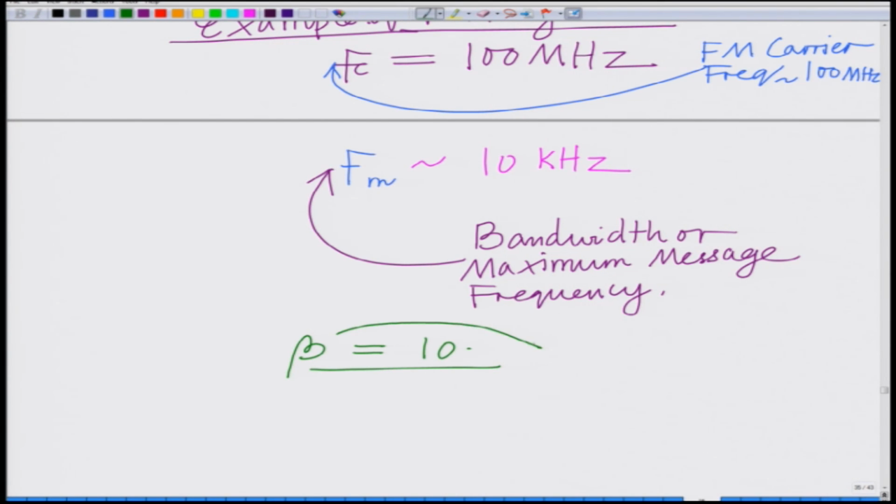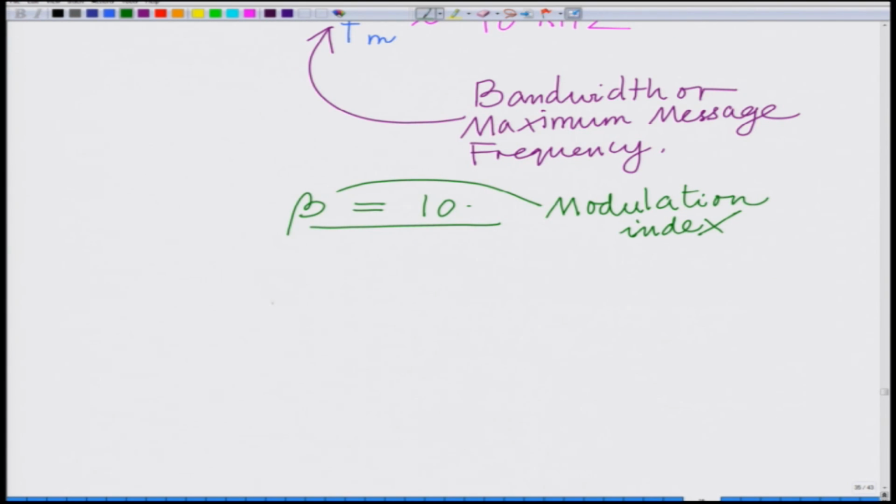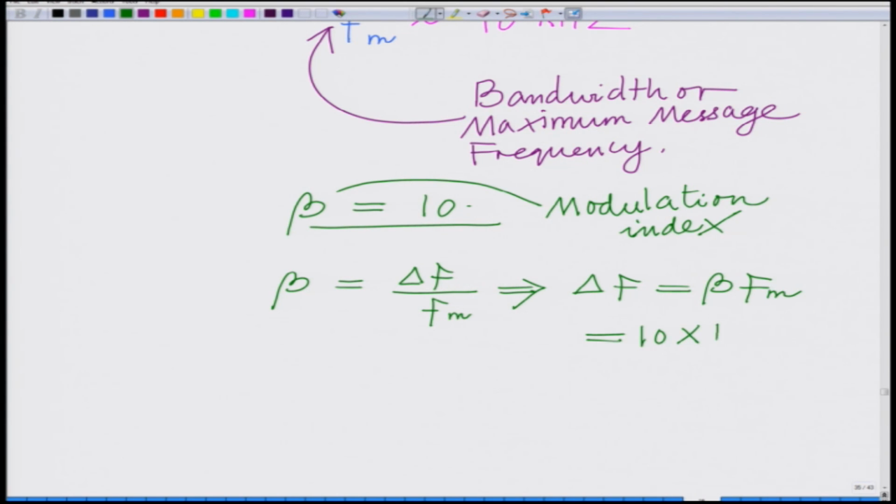Now, if we have a modulation index beta equal to 10, and we know that beta is delta f divided by Fm, the maximum frequency component, which implies the frequency deviation delta f is beta times Fm, which is 10 times 10 kilohertz, equal to 100 kilohertz, which is equal to 0.1 megahertz.